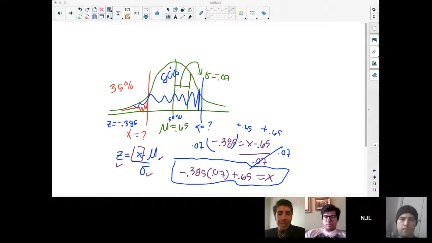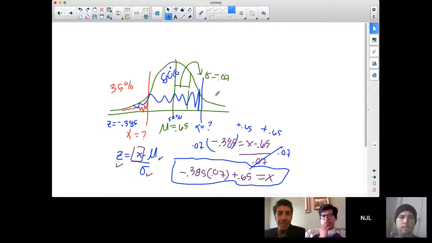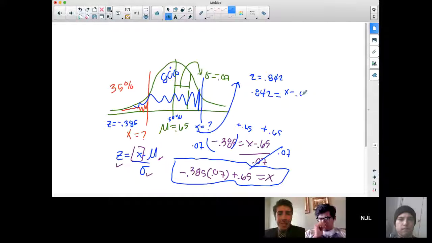So did everybody get the same Z-score? What was your Z-score? Mine was 0.842. Yeah, I got 0.842. Okay, so you get a Z-score. 0.842 equals X minus 0.65 divided by 0.07.